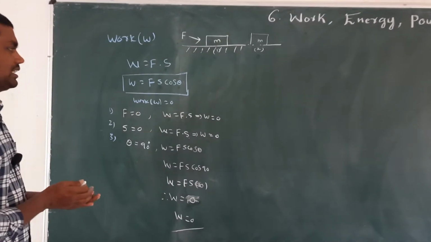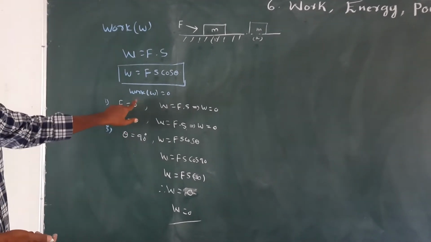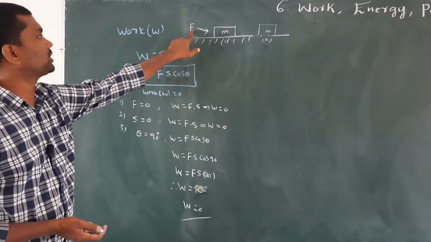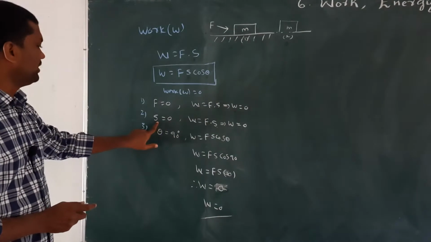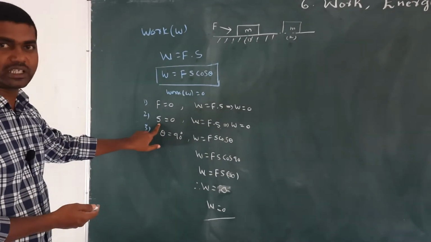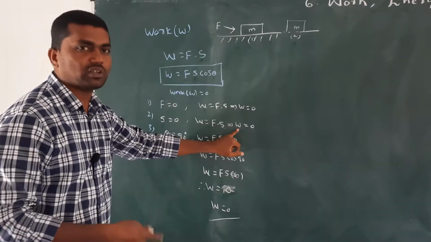So what are the conditions when the work is 0? First, the applied force on the object is 0, then the work will also be 0. Second, if the displacement of the object is 0, then the work is also 0.